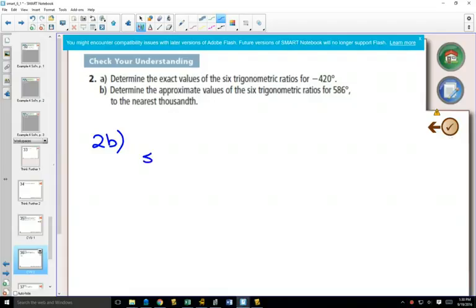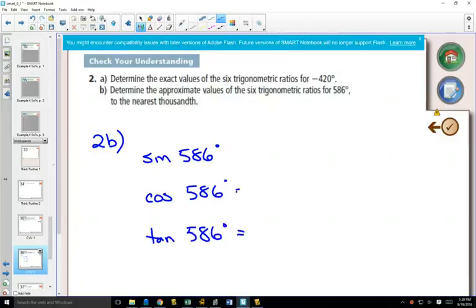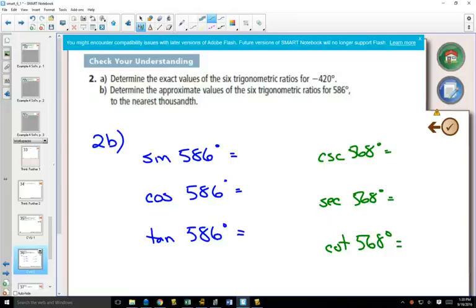So we're going to figure out sine of 586 degrees, cos of 586 degrees, tan of 586 degrees, and then do each of their reciprocals, so cosecant of 586 degrees, secant of 586 degrees, and cotangent of 586 degrees.